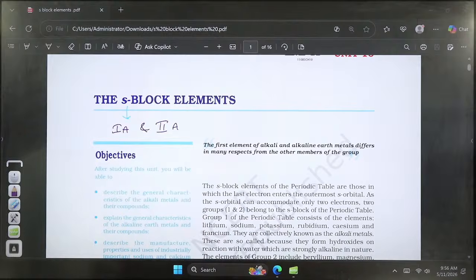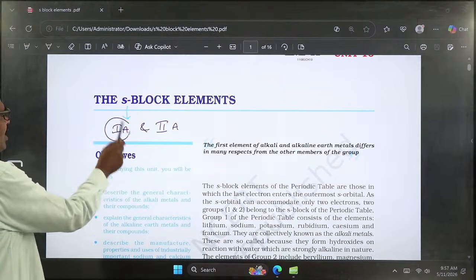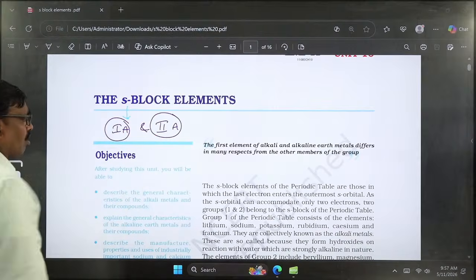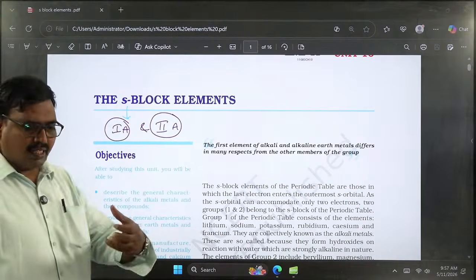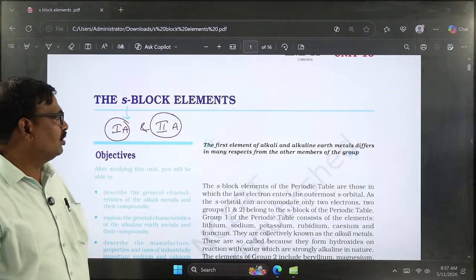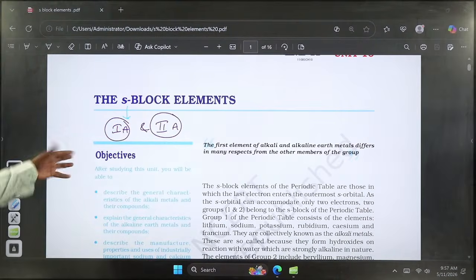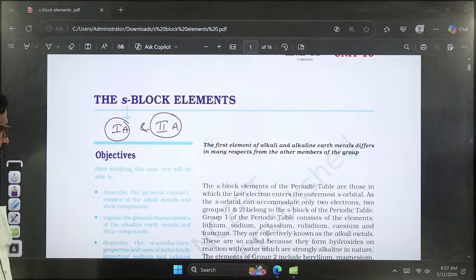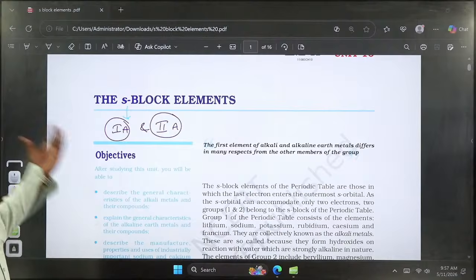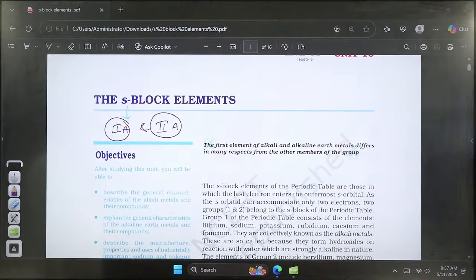Questions may be asked individually from the 1A group or 2A group, or as a combination of these 2 groups in the format of correct sets of statements or incorrect sets of statements, or they may also be mixed with the P block. Previously we already learned about the P block elements in the first year chapter, the 13th and 14th group elements.